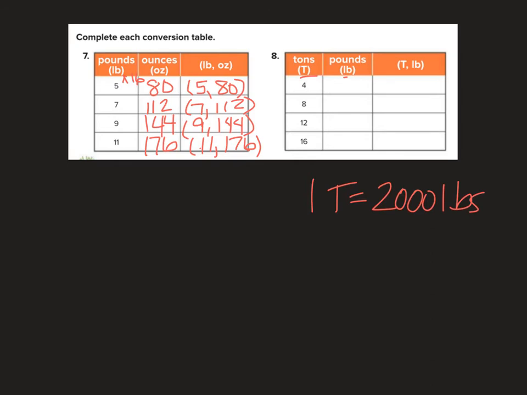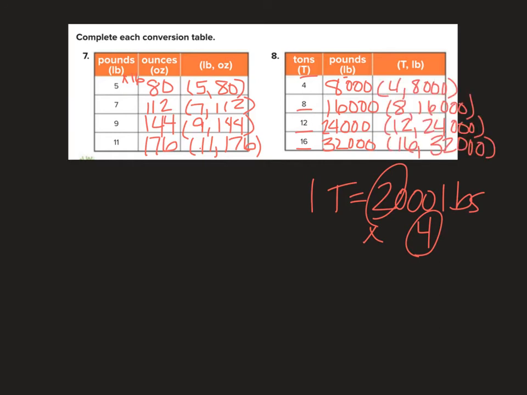So 4 tons would mean I have to multiply 2,000 by 4. 4 times 2 is 8, add the 1,000. 8 times 2 is 16, add the 1,000. 12 times 2 is 24, add the 1,000. 16 times 2 is 32, add the 1,000. All right, that wasn't so bad. Now let's put in our ordered pairs. And there we have it.